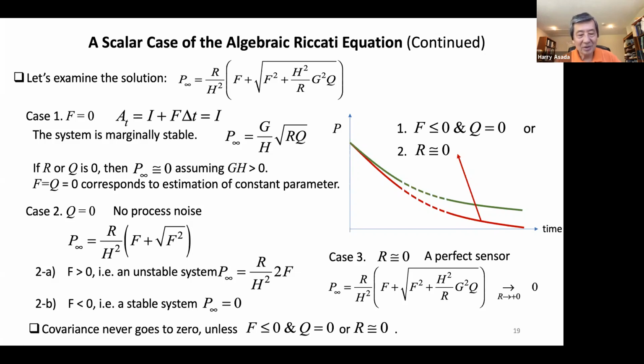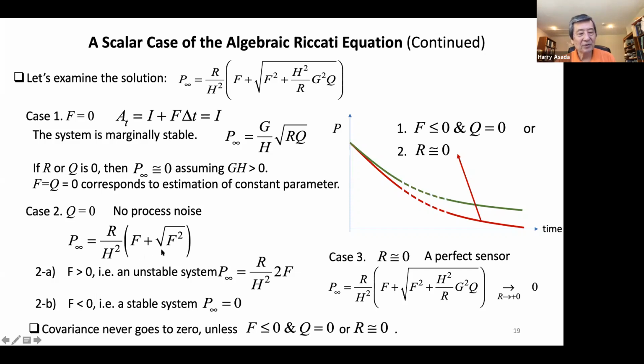If the system is unstable, even though process noise is not coming in, you end up with a non-zero steady state error covariance. So you can't estimate that perfectly if the system is unstable. On the other hand, if F is negative, what happens?